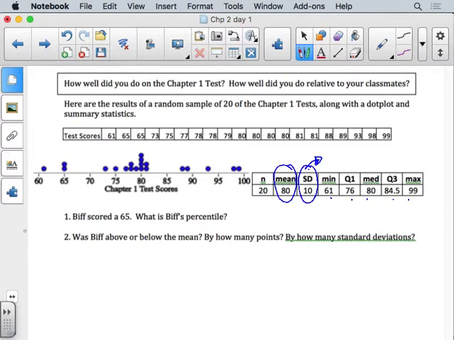So for our typical values, on average, how far were our values from the mean? It doesn't mean that all of our data was in there. It just means, on average, how far were we from the mean?